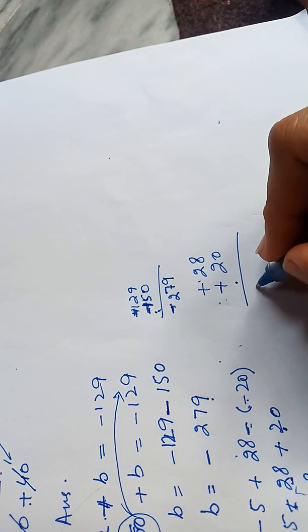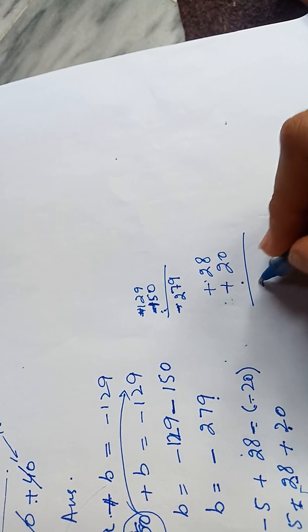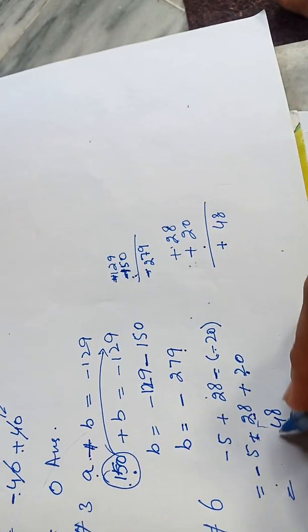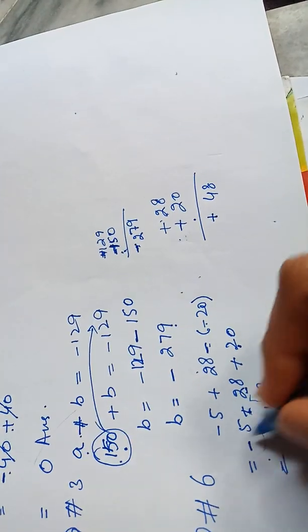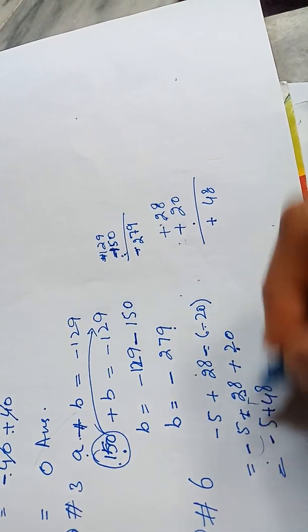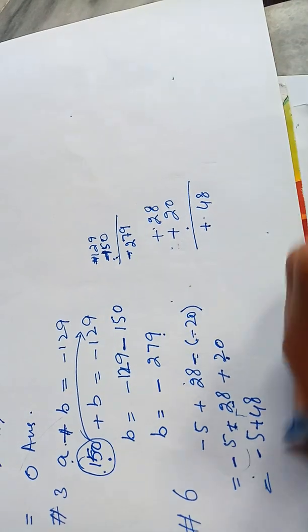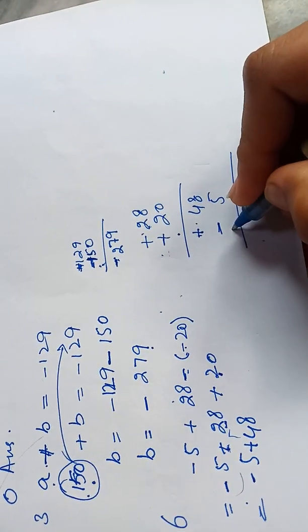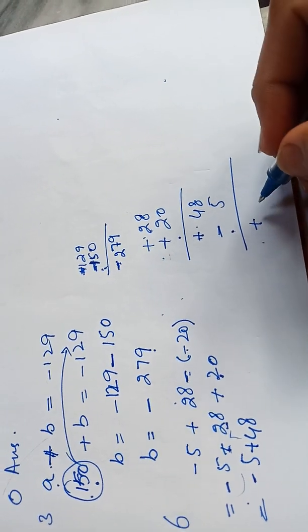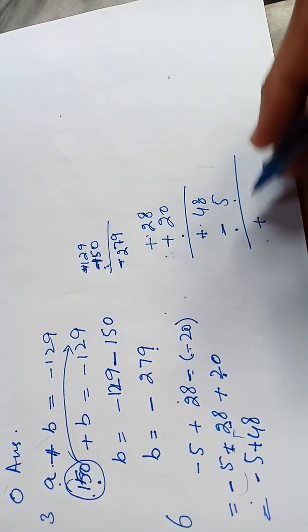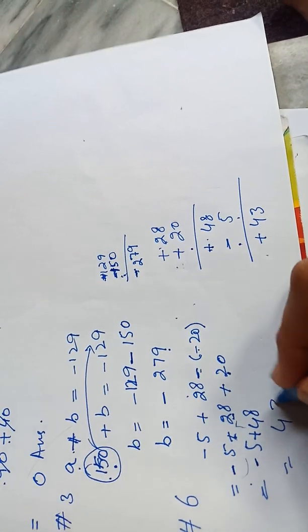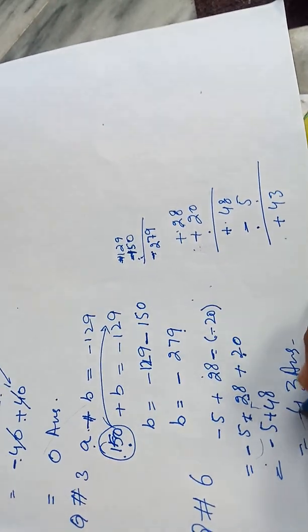Plus plus, both values will be added, but the sign will become positive. 8, 2 plus 2 is 4, so it is plus 48, and this 5 is here again. Plus 48 minus 5, plus minus minus, the sign will be of the greater value. So 48 minus 5 is 43. The answer will be 43, or you can say plus 43.